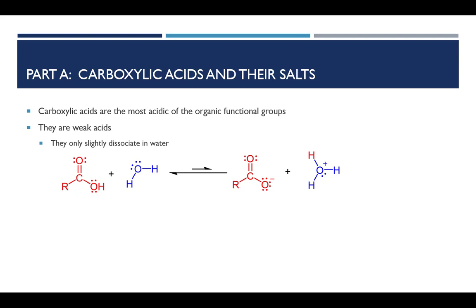So here is the general reaction that we see for a carboxylic acid in water. I've used red here to color code the acid and blue to color code water. And in a typical acid-base reaction here, water is going to act like the base. It will take the proton away from the carboxylic acid and it forms a hydronium ion.